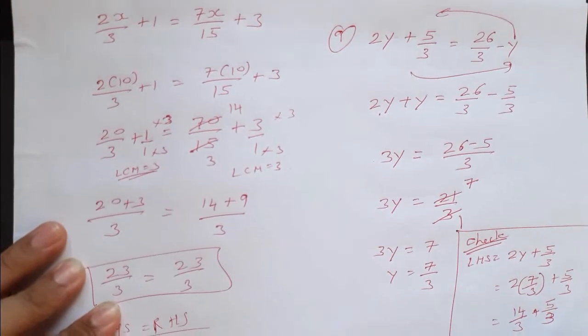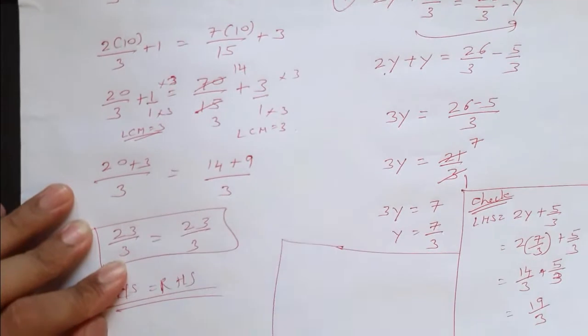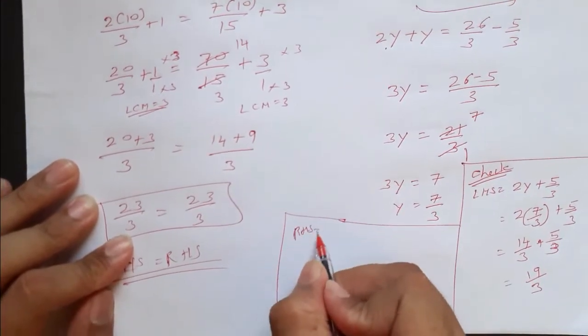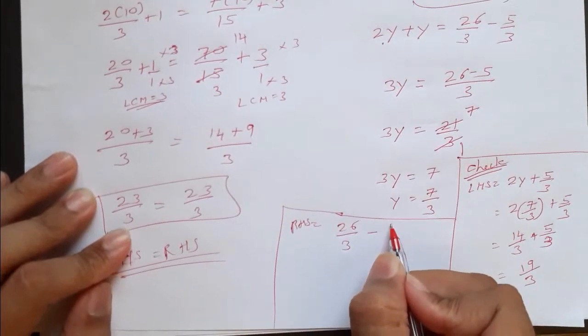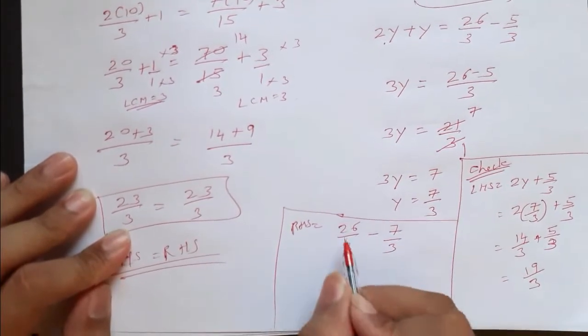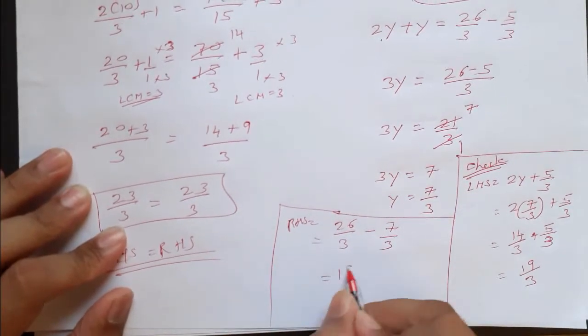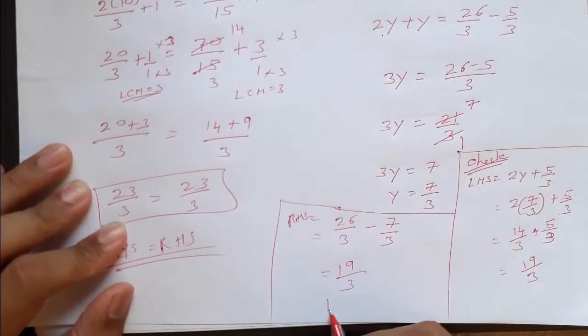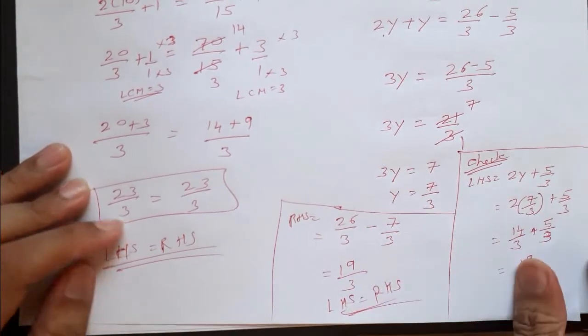So 14 plus 5 will be 19 by 3. Similarly, RHS is 26 upon 3 minus y, the value of y being 7 by 3. So 26 minus 7 will be 19 by 3. So here LHS is equal to RHS.